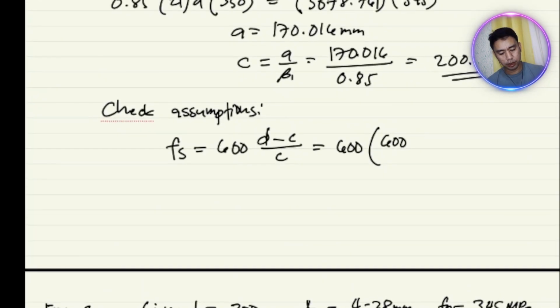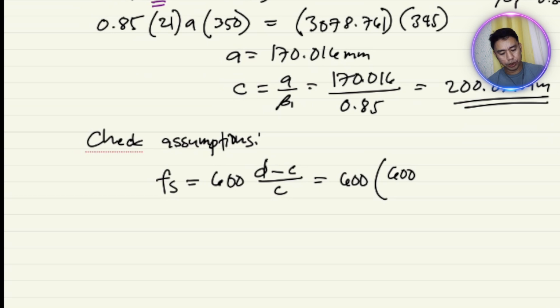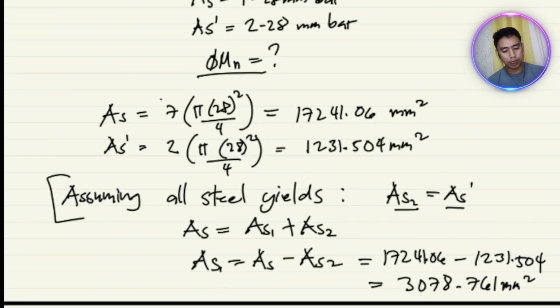So, this is, sorry, 600 minus C, yung na-compute natin na C, 200.019 over 200.019. So, ang Fs is equal to 1,199.829 megapascal. Now, we need to compare that to Fy. Ano yung Fy natin?